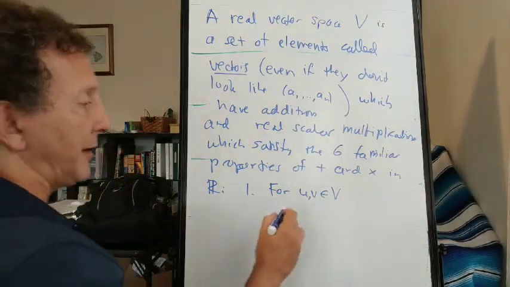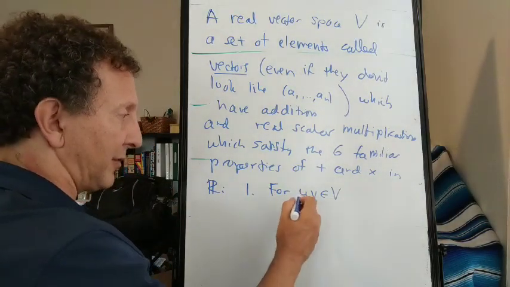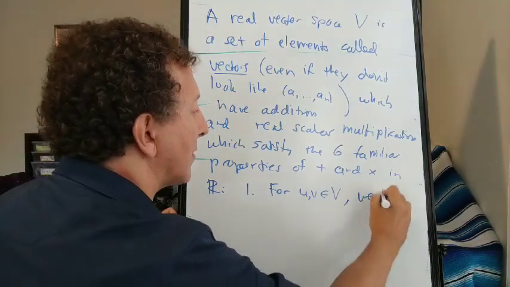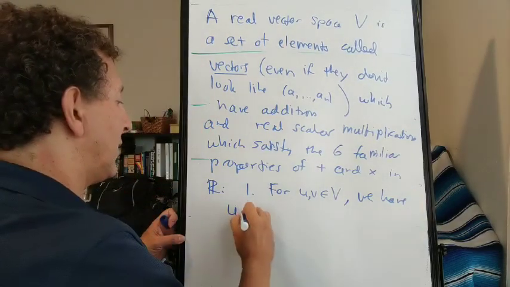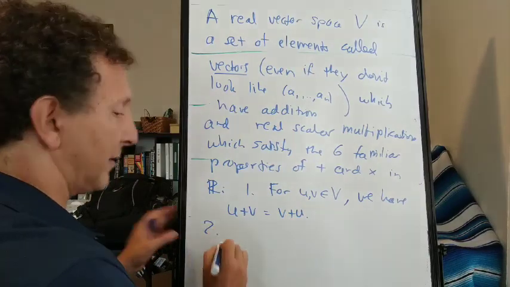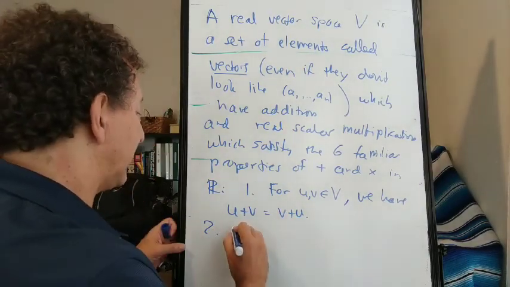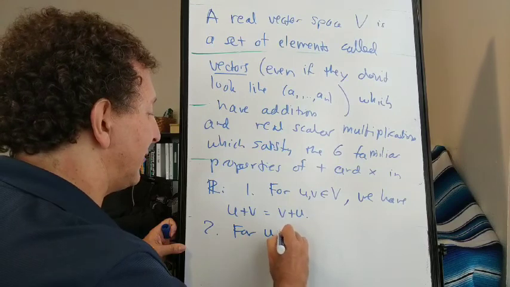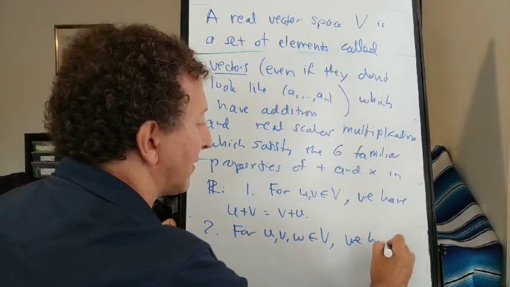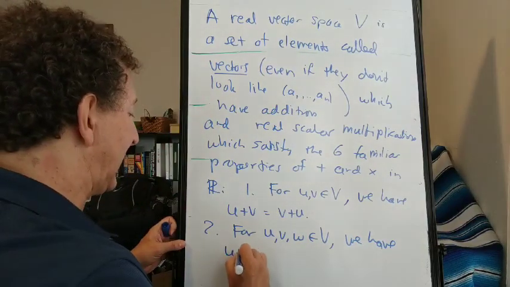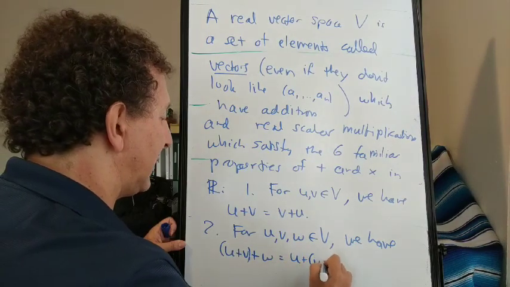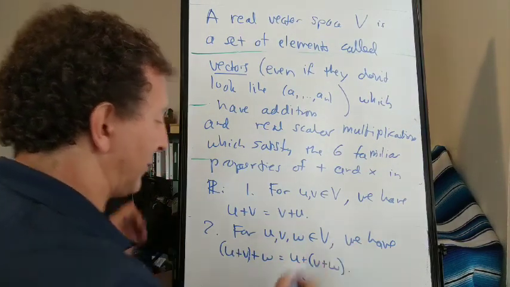First of all, for vectors u and little v, that is for elements u and v in the vector space capital V, we can add them in either order and get the same thing. Second, if we have 3 vectors, u, v, and w, then we can add them with parentheses anywhere we want and get the same thing.